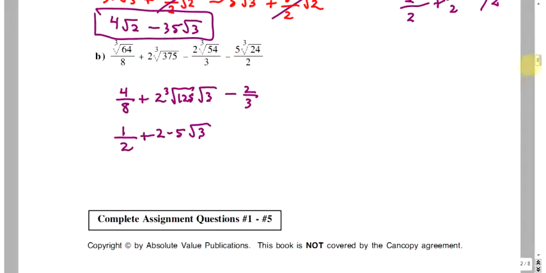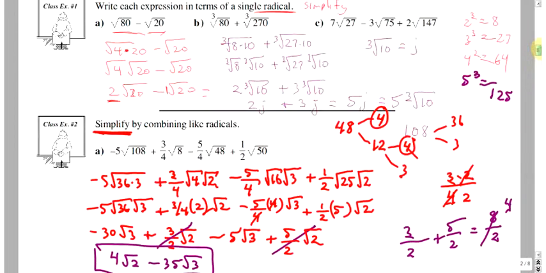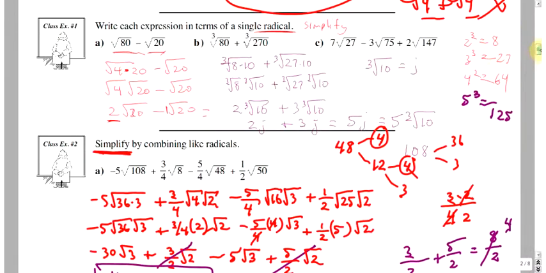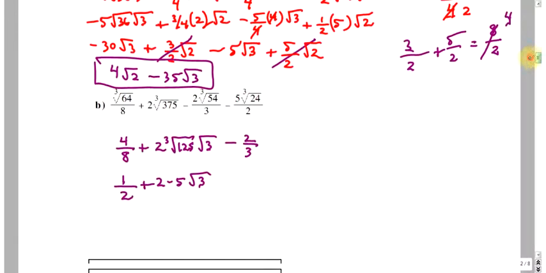What is a cubed root that goes in 54? 27 goes in there how many times? Cubed root of 27 times the cubed root of 2 is the cubed root of 54. Have I changed it at all? No, I just converted it, broke it down into something I know what to take the cubed root of.